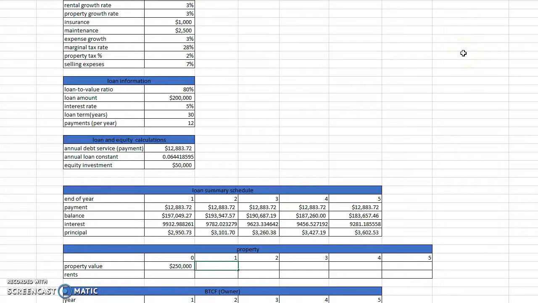Well, I don't know why that wasn't working. Let's try that again. I'm going to take the purchase price and then multiply that. We have the first year plus the property growth rate.